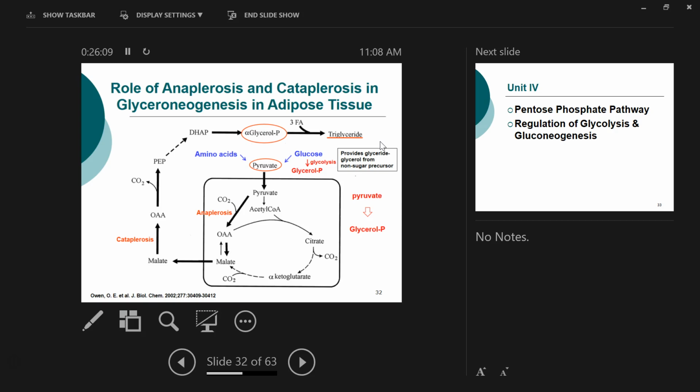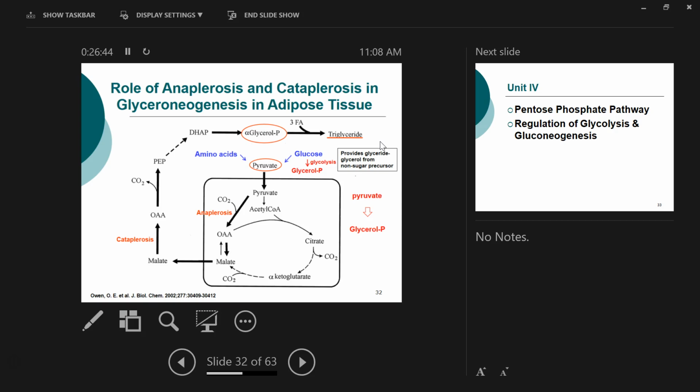Okay, and this slide also talks about the role of anaplerosis and cataplerosis in glyceroneogenesis in adipose tissue. Remember, adipose tissue is the main tissue for the synthesis of triglyceride, right? And triglyceride synthesis requires two parts: one is the glycerol backbone, and the other part is the fatty acids.